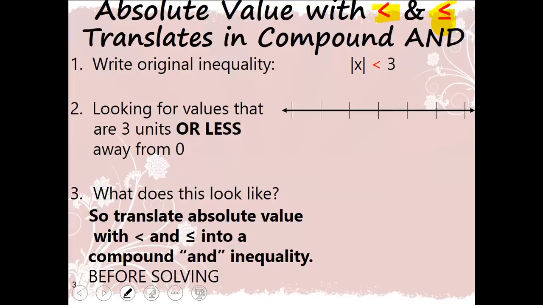Why it translates into a compound and. So this expression here, absolute value x is less than 3, says that I'm looking for values that are 3 units or less away from 0. So if I mark 0 here, and I count 3 spaces to the right, and I count 3 spaces to the left, I would be looking for all the values between these two numbers.